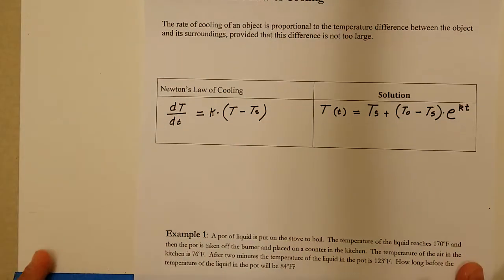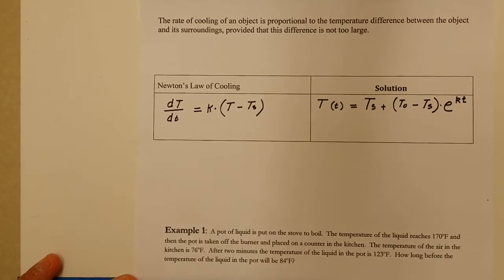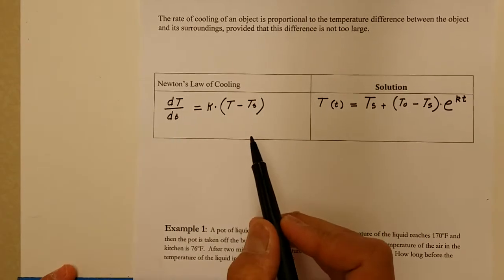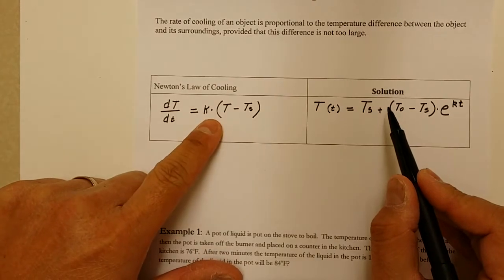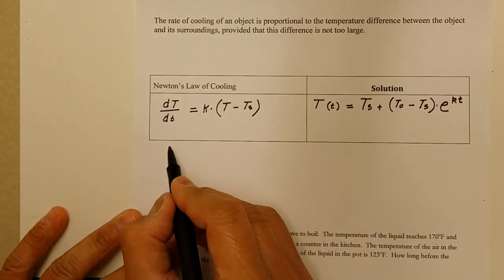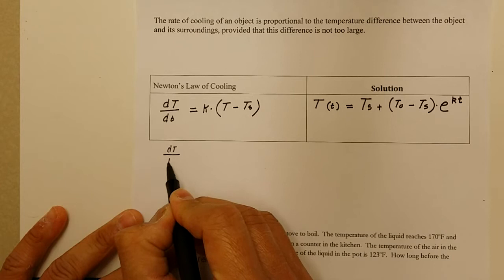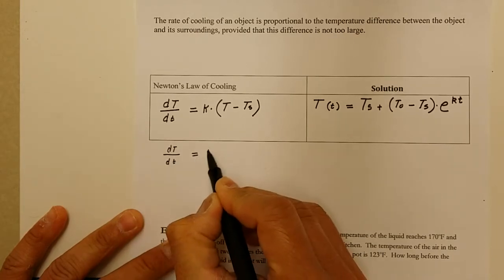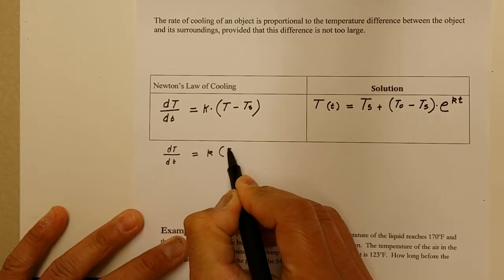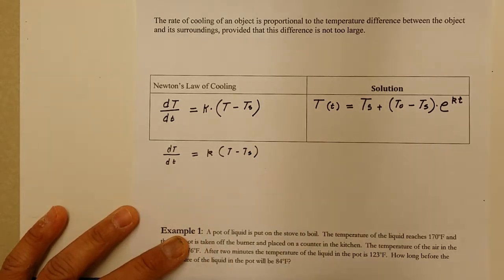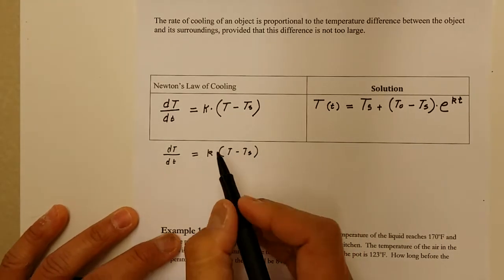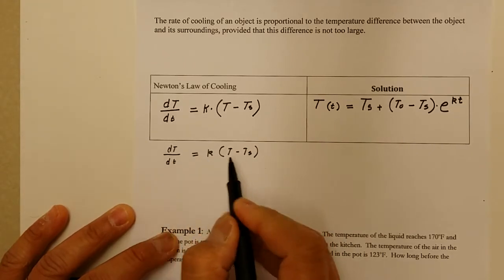So let me show you how we can find the solution from this differential equation. Starting with the differential equation, we solve for T using separation of variables. I start by multiplying everything by dt.